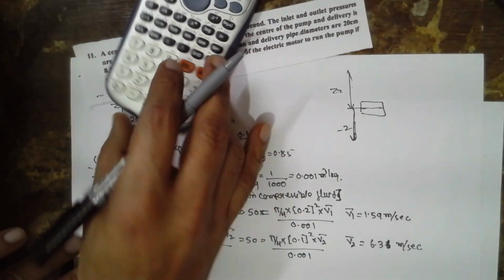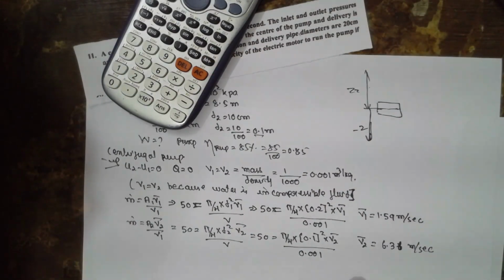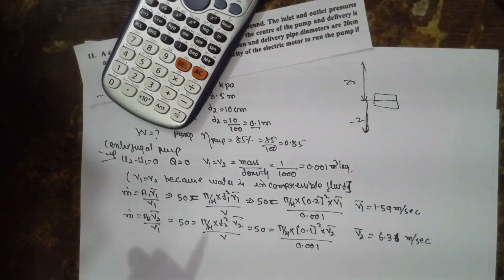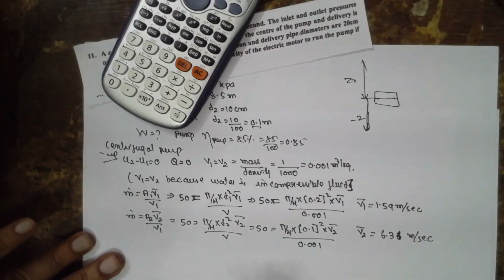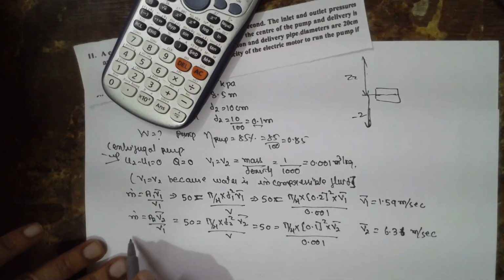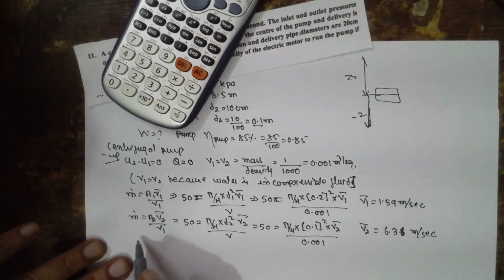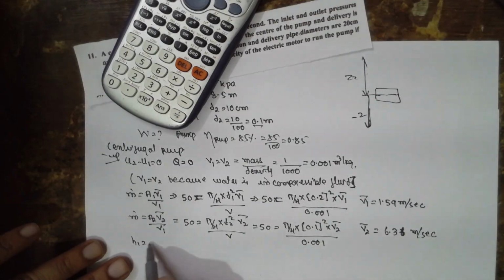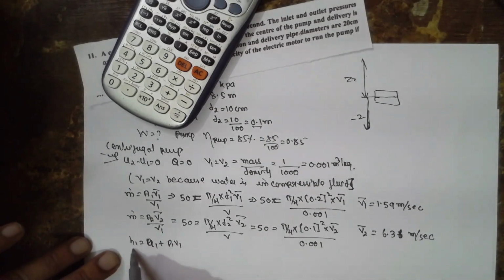Now after getting the velocities, substitute in the actual formula. But before substituting in the actual formula, let us go find H2 minus H1. H1 is nothing but U1 plus P1 V1 and H2 is nothing but U2 plus P2 V2.